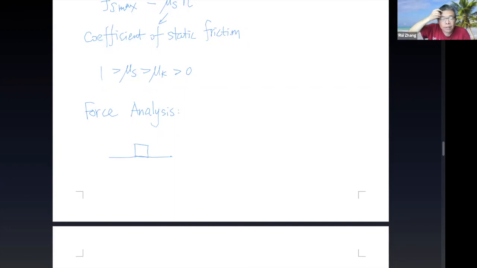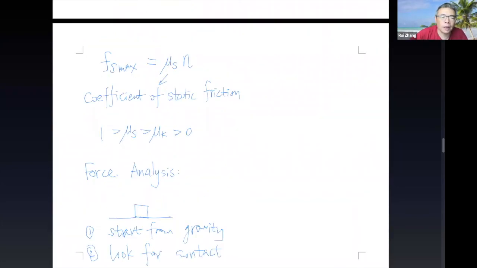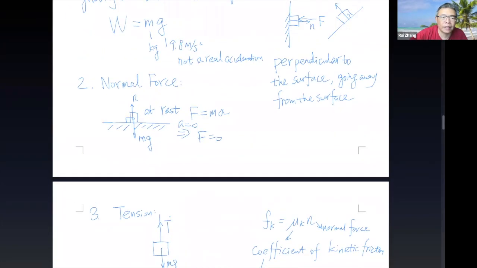I would say always start from gravity, because gravity is always there. And then after that, look for contact, because all the forces we talk about except gravity are contact forces.